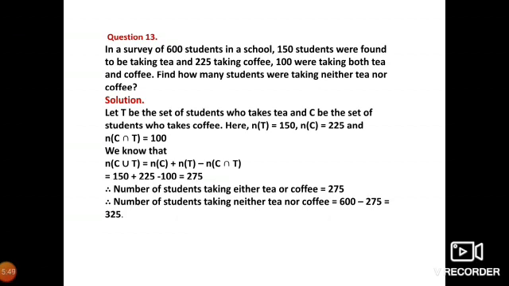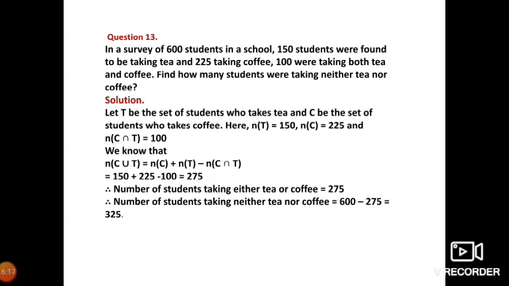In the earlier exercise, we have done the same type of sums using the formula n of C union T. Let T be the set of students who take tea and C be the students who take coffee. So n of T is 150, n of C is 225.